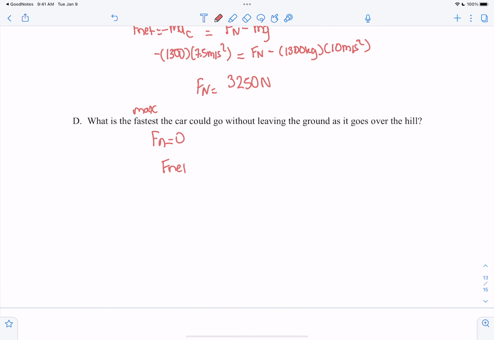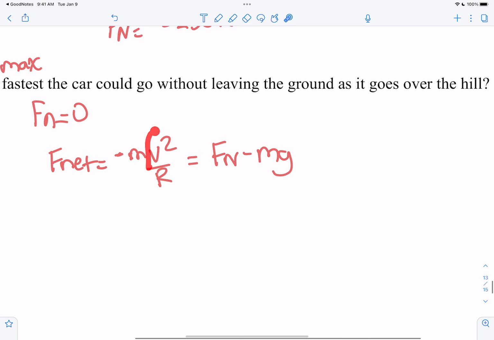So it's Fnet, and instead of being equal to MAY, add this negative sign here on the outside, so negative mv squared over r, because that's just equal to AC, right? And then that'll be equal to Fn minus mg. Or, yeah, Fg, mg, same diff, right? So in that case, you're just going to be looking for what the v is here, right?